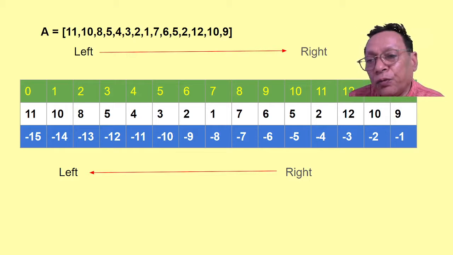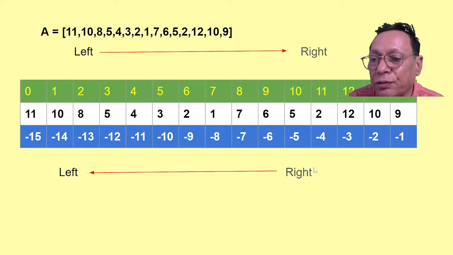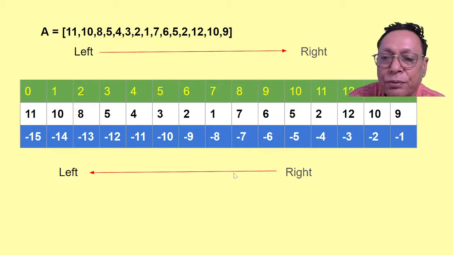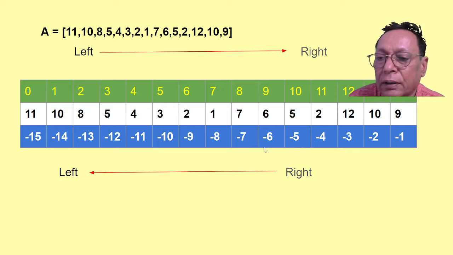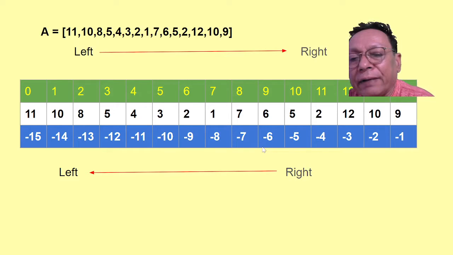When you move left to right, we see the indexes are positive, and when indexes are negative, it means we will have to traverse right to left. So if you are moving from left to right, then these indexes will play the role, and when you move from right to left, then negative indexes play the role.